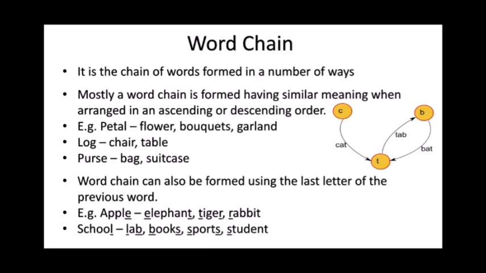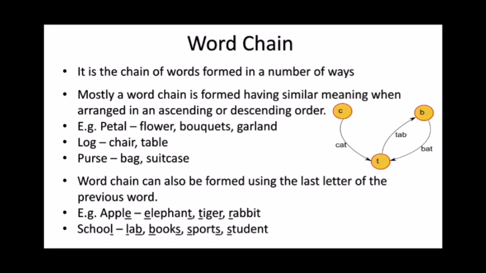So in this way you can make a word chain which have similar meaning and that is arranged from an ascending to the descending order. Next we have log. So log is a piece of wood. So we have word chain like chair and table.